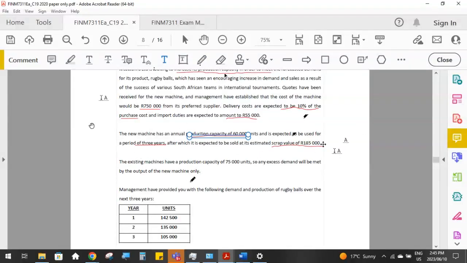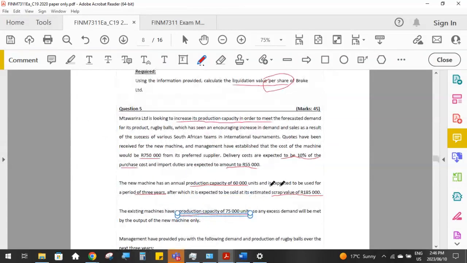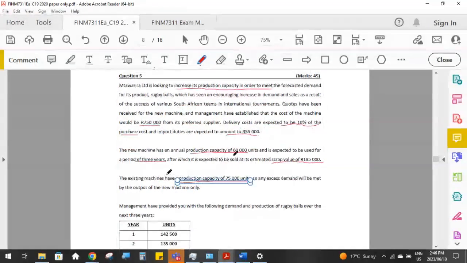We've got existing machines, and they've got production capacity in total of 75,000 units. So anything over and above 75,000 units in terms of our demand will be met by the output of the new machine only. In other words, the first 75,000 units we'll make on our existing machinery, and anything more than that we will make on the new machine, but bearing in mind that the new machine can only make 60,000 units.